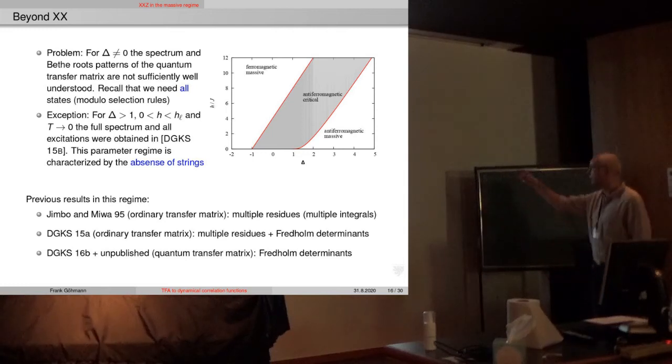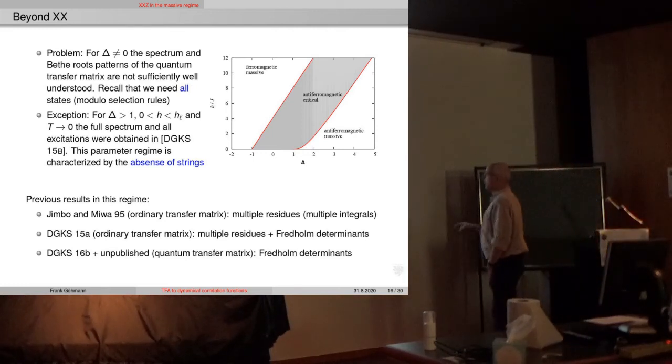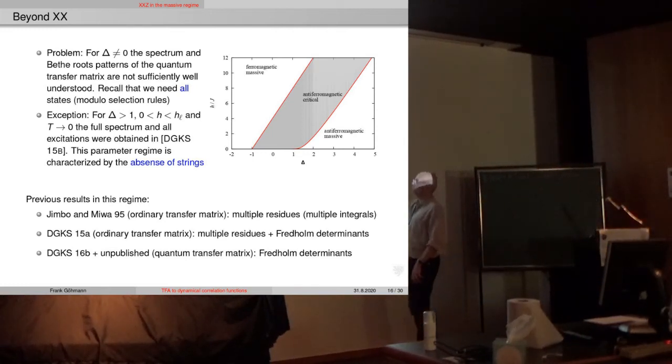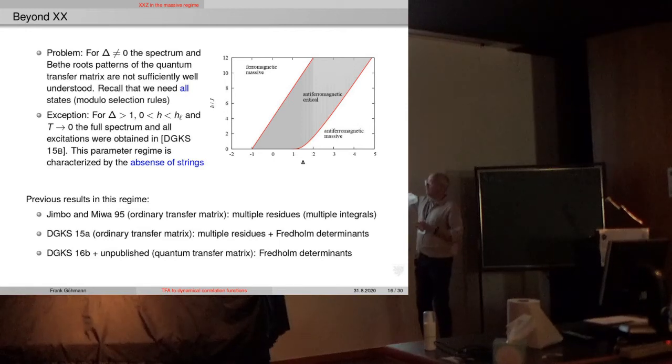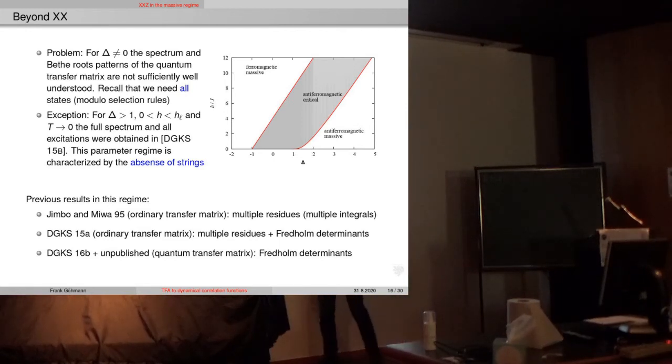So let's again come back to the literature. As I said, Göhmann and collaborators, using the ordinary transfer matrix, got the form factors as multiple residues or multiple integrals. The form factor is the thing under the integral. We will have anyway a series of multiple integrals, but the integrand itself is also a multiple integral. Then we did this analysis for the ordinary transfer matrix using Bethe ansatz.